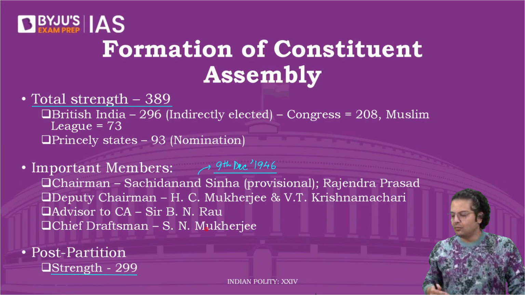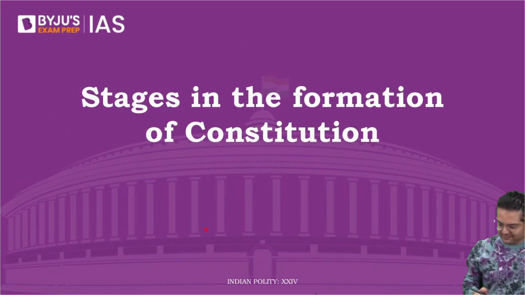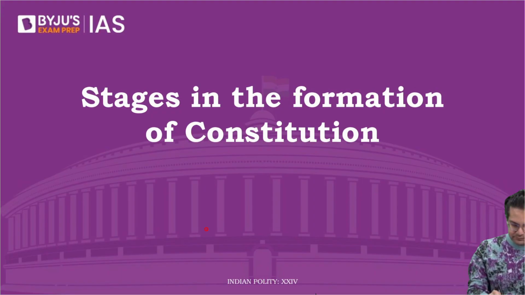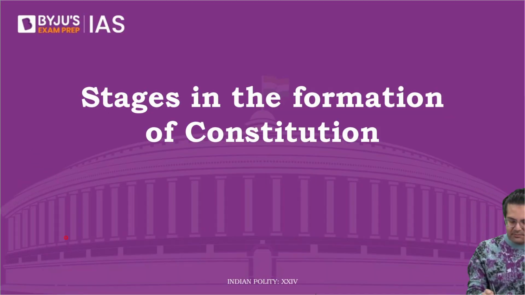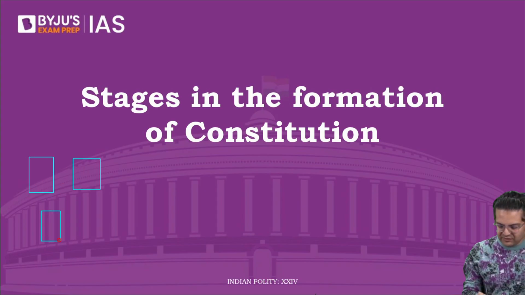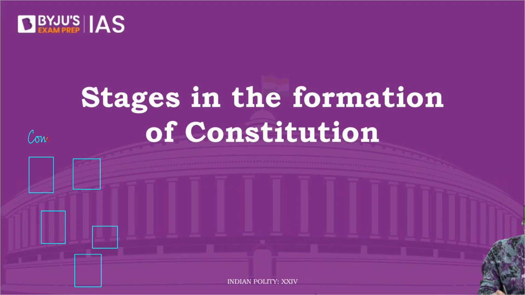Anyway, now how was this rule book formed? Very simple, right? So what happened was, this is a very big rule book. So there were multiple committees formed on various topics. 20 plus committees were formed.